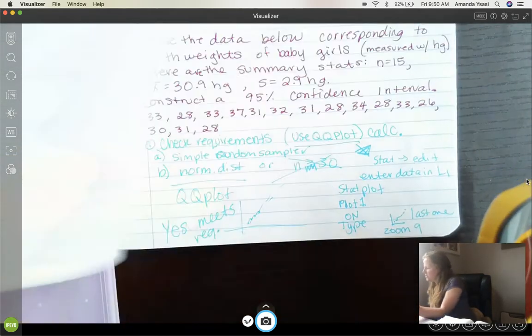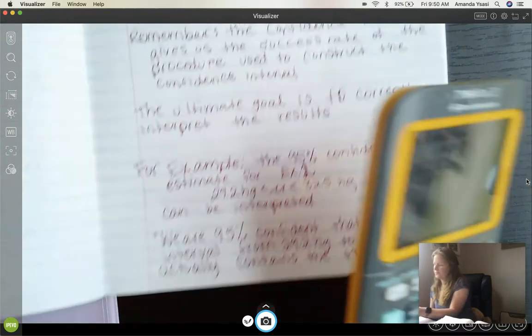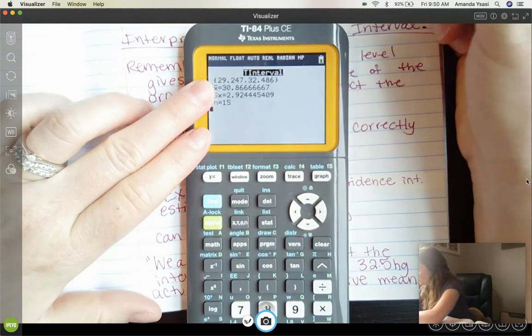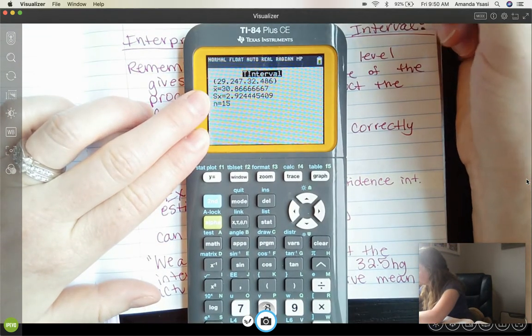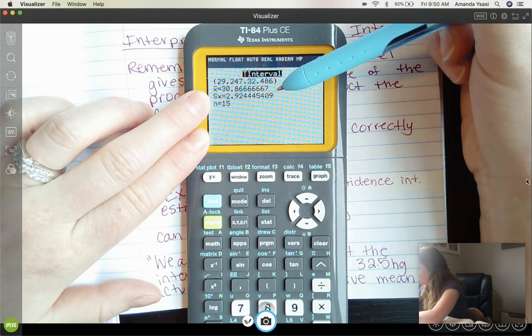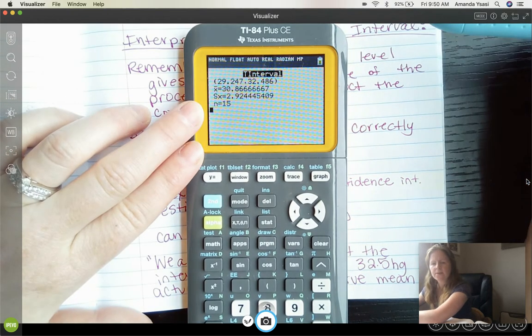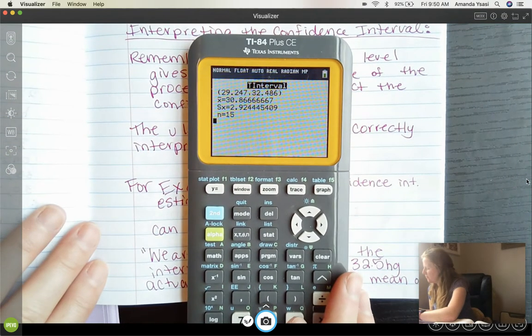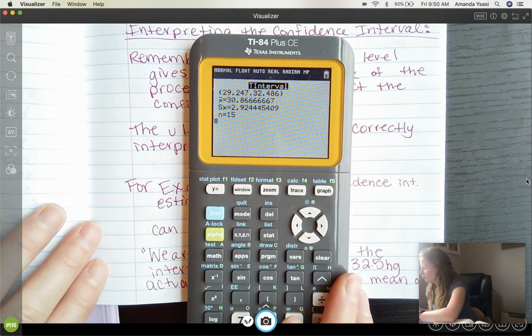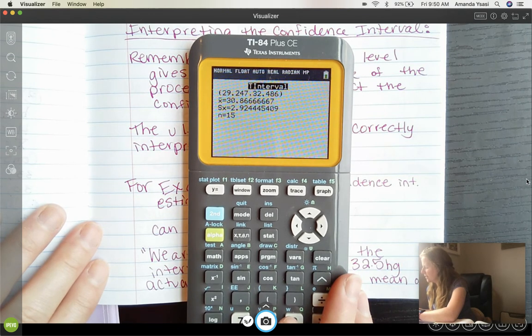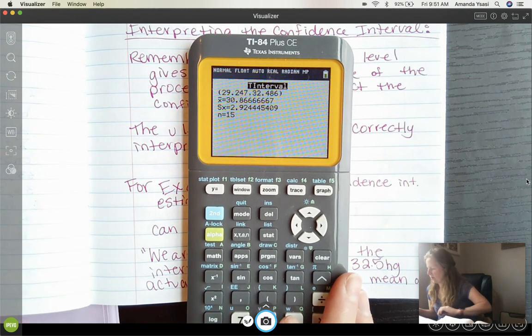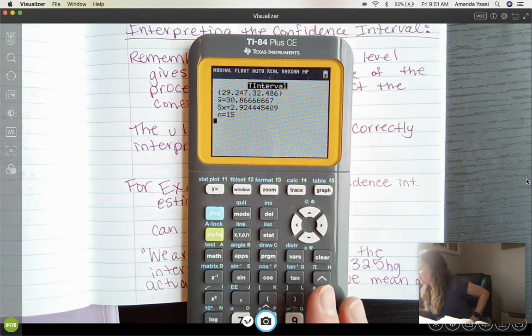So let's double check it. It's close, right? I don't know why it's not the exact same, but it's pretty close. If we were to round it, it would be 29.3 and then 32.5.